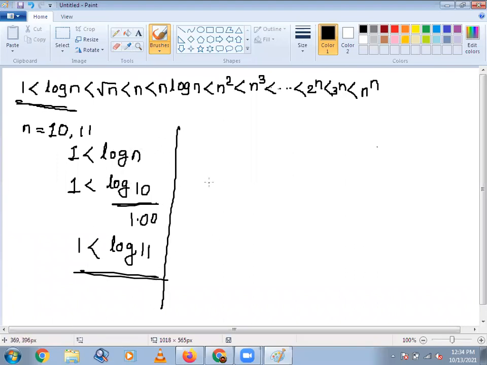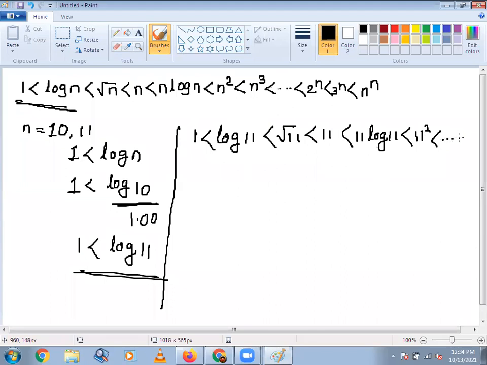Suppose here 1, log 10 or log 11, then root of 11, then 11, then 11 into log 11, then 11 square, then 11 raised to 11.